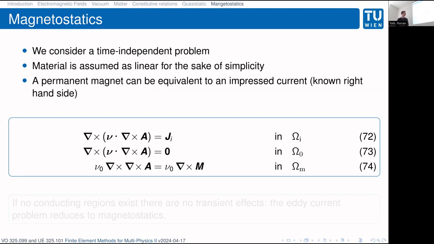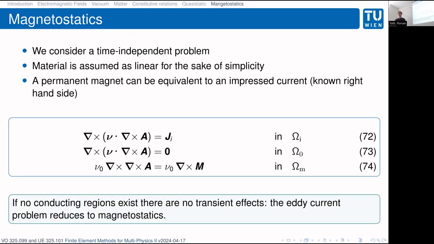So that's the last equation, the curl of A is equal to the curl of the magnetization. You can have regions where you have prescribed impressed current densities, and you have regions where you have none of the above, so you only need to satisfy the double curl equation, again with the material parameter inside.